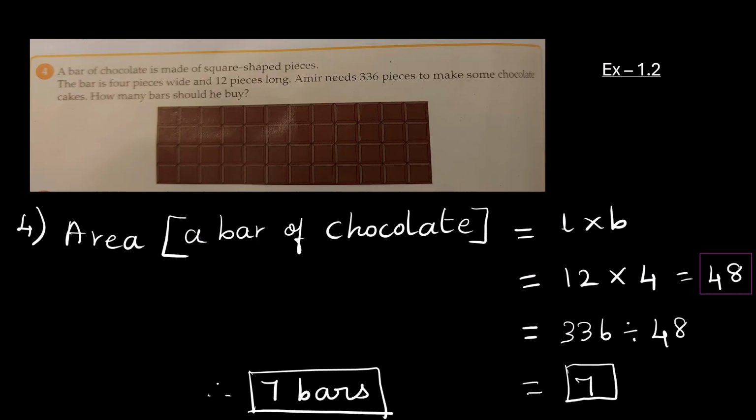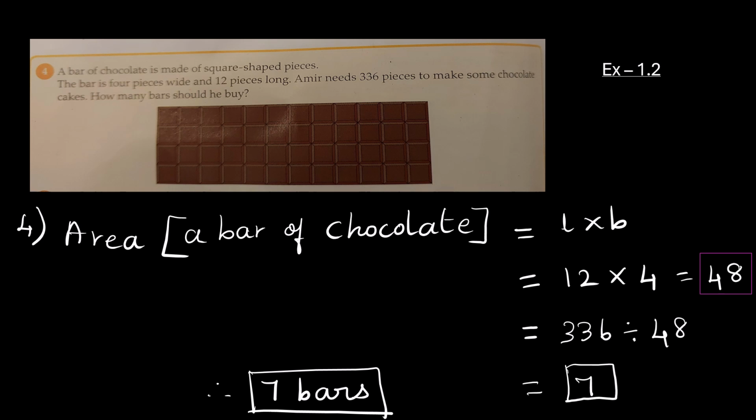Fourth question. A bar of chocolate is made of square-shaped pieces. The bar is 4 pieces wide and 12 pieces long. Amir needs 336 pieces to make some chocolate cakes. How many bars should he buy? First, we need to find out how many square pieces are in one chocolate bar.